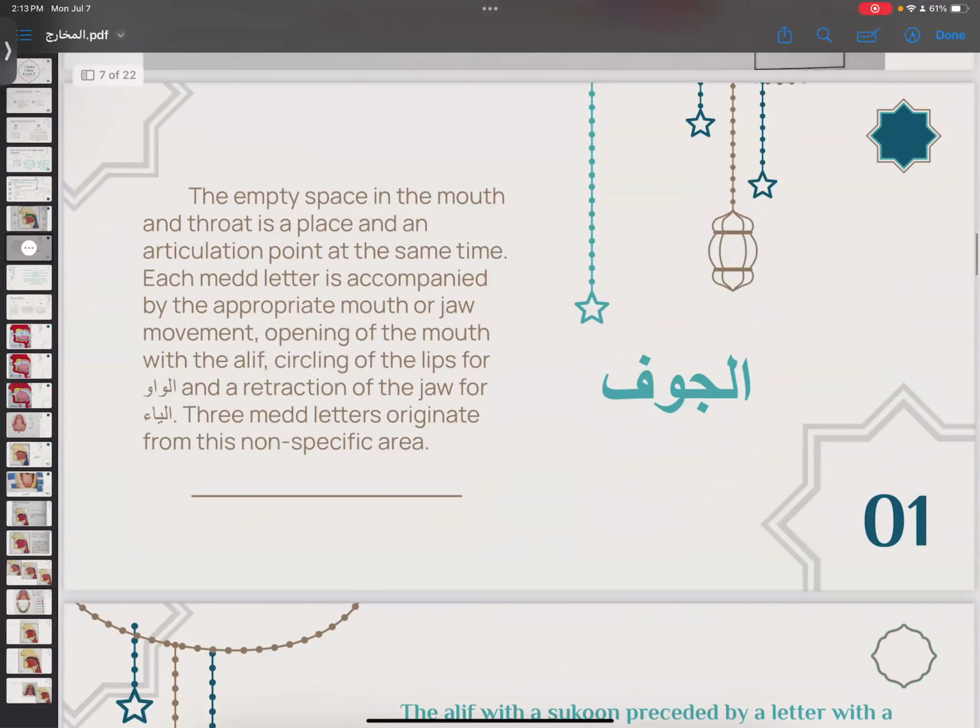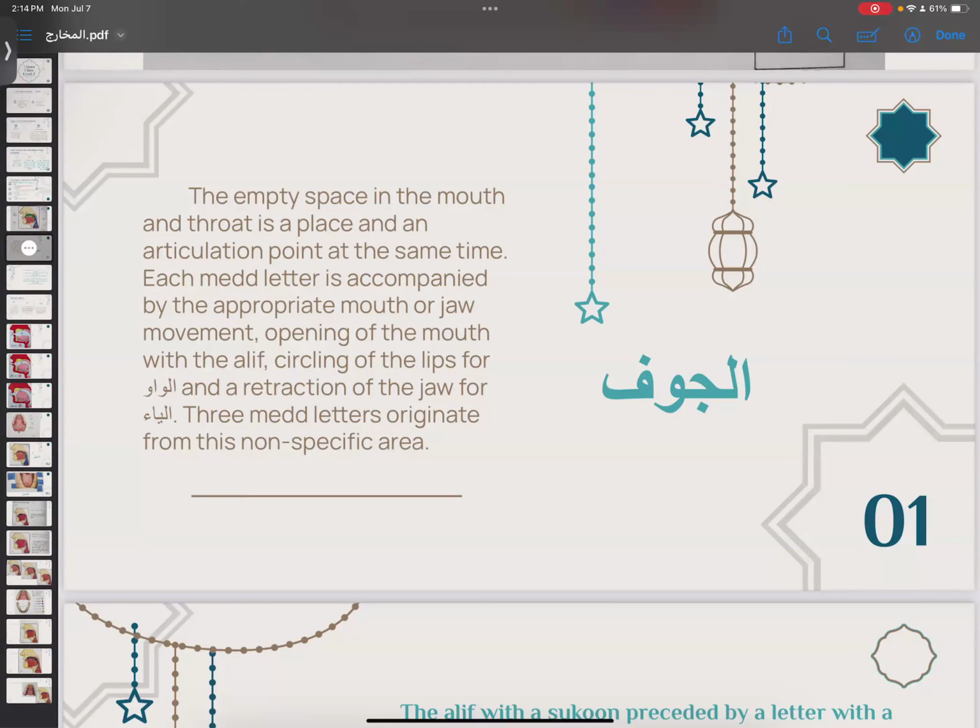So first is the jawf. So the empty space in the mouth and throat is a place and an articulation point at the same time. So each med letter is accompanied by the appropriate mouth or jaw movement, opening of the mouth with the alif, circling of the lips for al-waw, like ooh, wow, you make a circle with your lips, and a retraction of the jaw for al-ya.